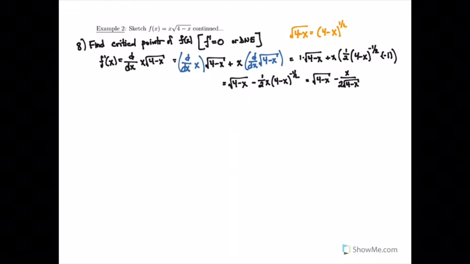Let's actually combine this into one fraction. I think that might be a nice thing to do. Multiply the top by 2 square root of 4 minus x.